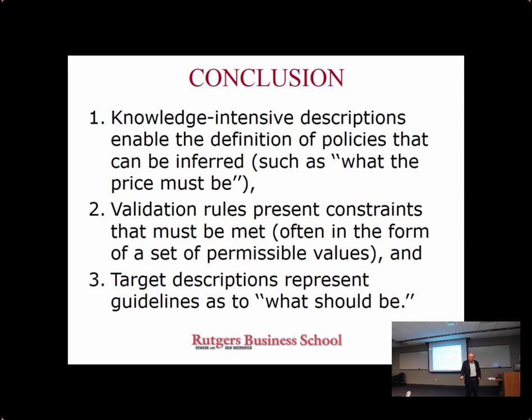Like being of a particular type. And we also have these target descriptions which tell us that things should be about this, but they may not necessarily be like this. And then we can calculate the discrepancies and decide what to do about them. So it's a very flexible way to express corporate policies.